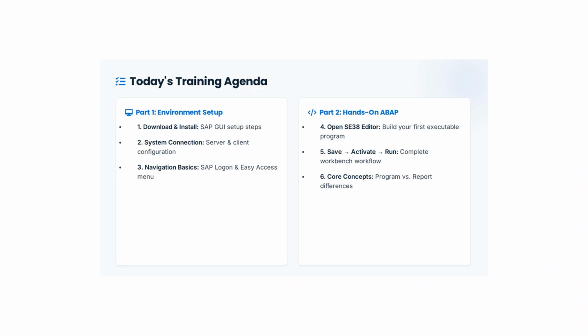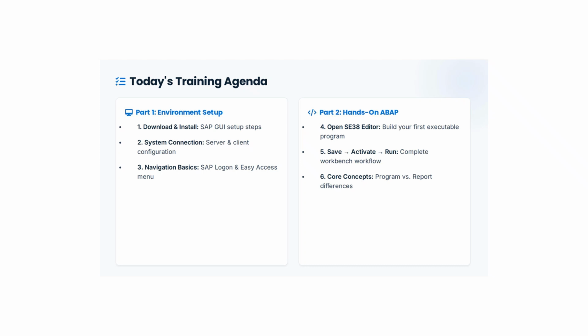Today's agenda is: we'll download and install SAP GUI and set up the connection, then navigate the entire system and the Easy Access screen, and after that, by using SE38, we'll write our very first program and execute it.